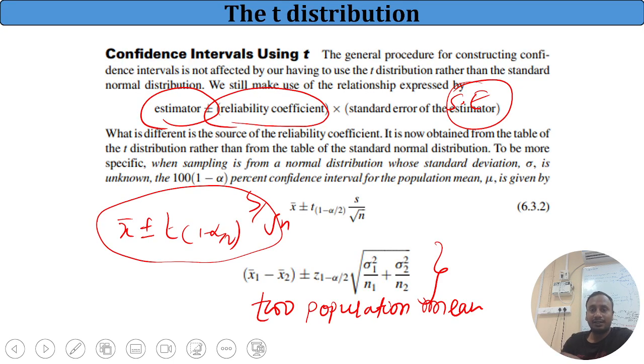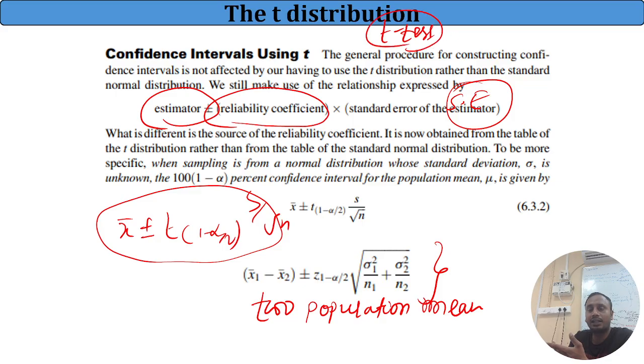So now we have discussed all these things, and before we start the t-test, in the next session we'll discuss the single mean. Then we'll see the two population means.